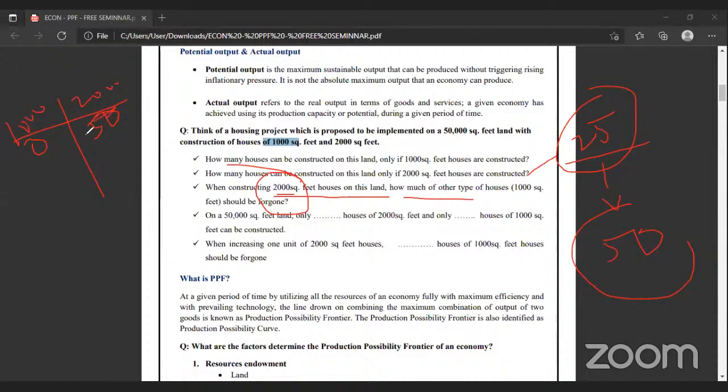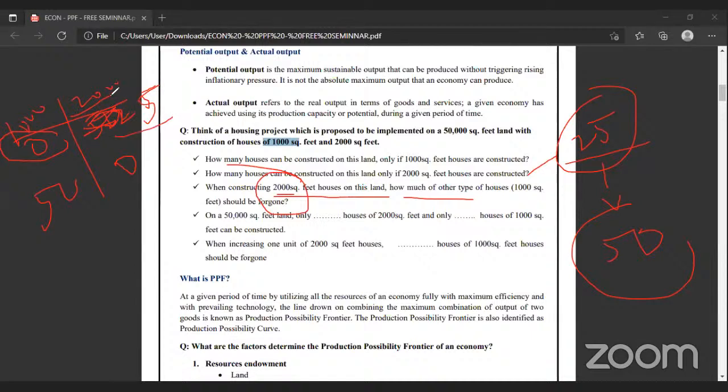At the same time, if they produce 0 of the 2,000 square feet houses, how many 1,000 square feet houses can they produce? 50. So this is 25, this is 50. They are not going to produce any 1,000 square feet houses, but they are going to produce only 25.